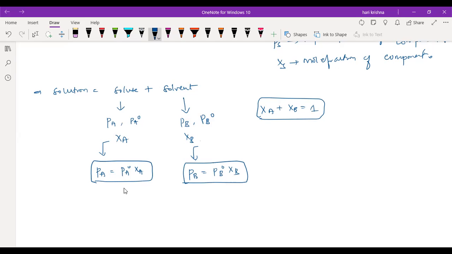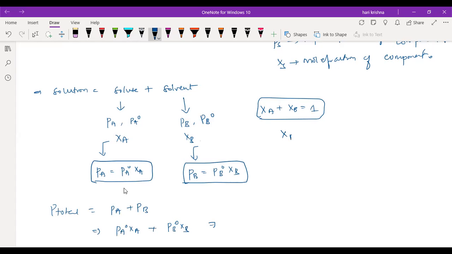Now we know Dalton's law of partial pressure. P total equal to PA plus PB. Substitute the values here: PA equal to PA naught XA and PB equal to PB naught XB. Now we know XA plus XB equal to 1.